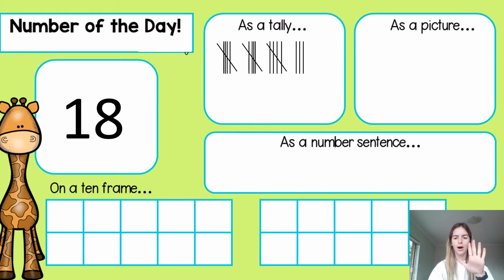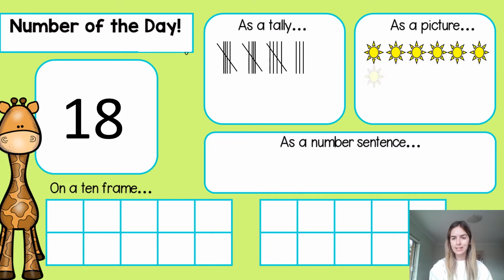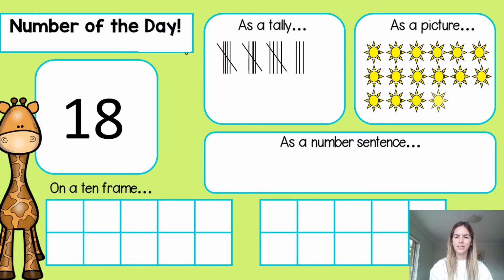I can go 5, 10, 15, 16, 17, and 18. Now let's do it as a picture, and today I've used suns. So 1, 2, 3, 4, 5, 6, 7, 8, 9, 10, 11, 12, 13, 14, 15, 16, 17, and 18.